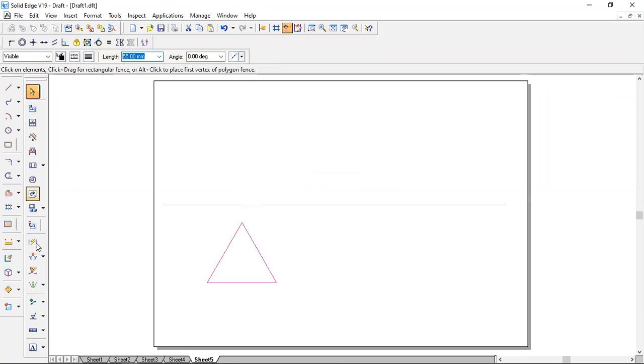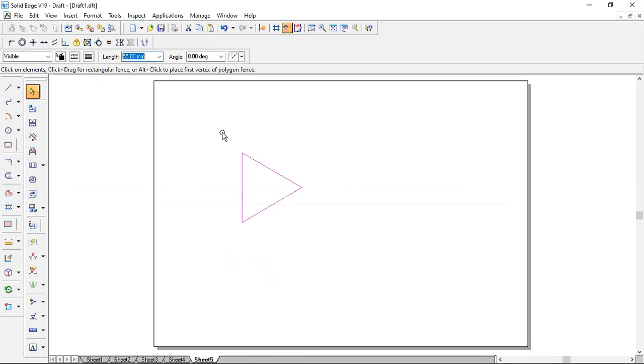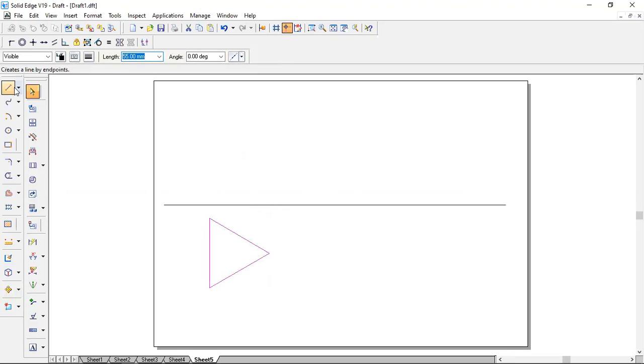As it is given that the tetrahedron is resting on one of its corners, it has to be rotated in such a way that it lies on one of its corners. So the equilateral triangle is drawn.